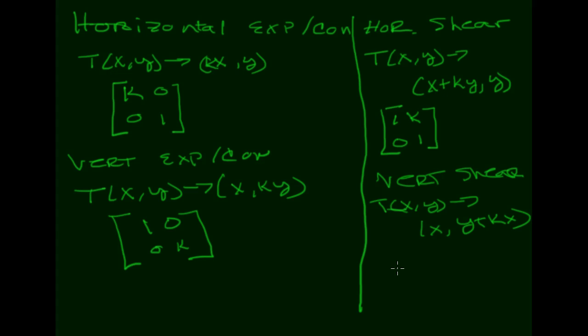So we're moving up and down by a factor of x. The further I am from the y-axis, the further this thing is going to make a transformation. So this is literally take the first row, multiply it by k, and add it to the second row.